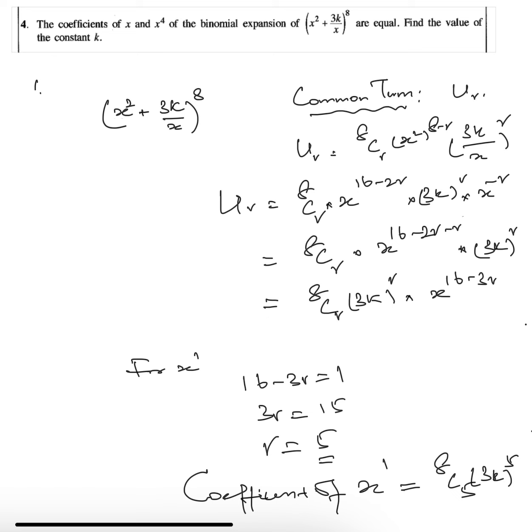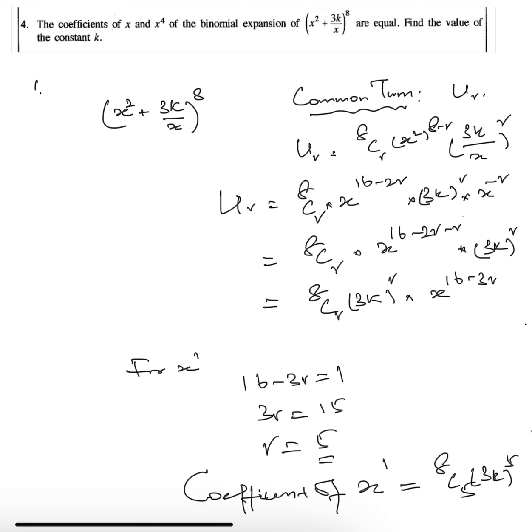So Ur equals 8Cr times x to the power of 16, so 2 times 8 minus r is 16 minus 2r, times (3k) to the power r. Then if I take x to the denominator, the power becomes negative, so x to the power of minus r.